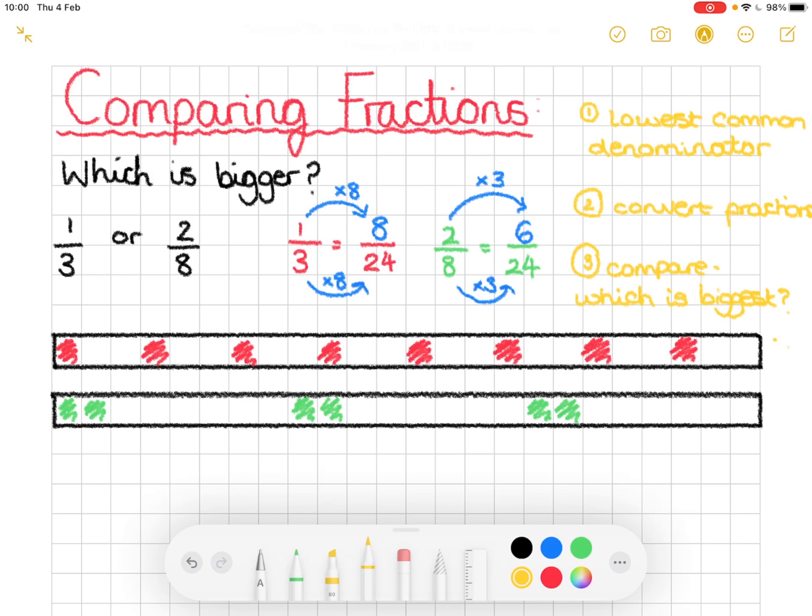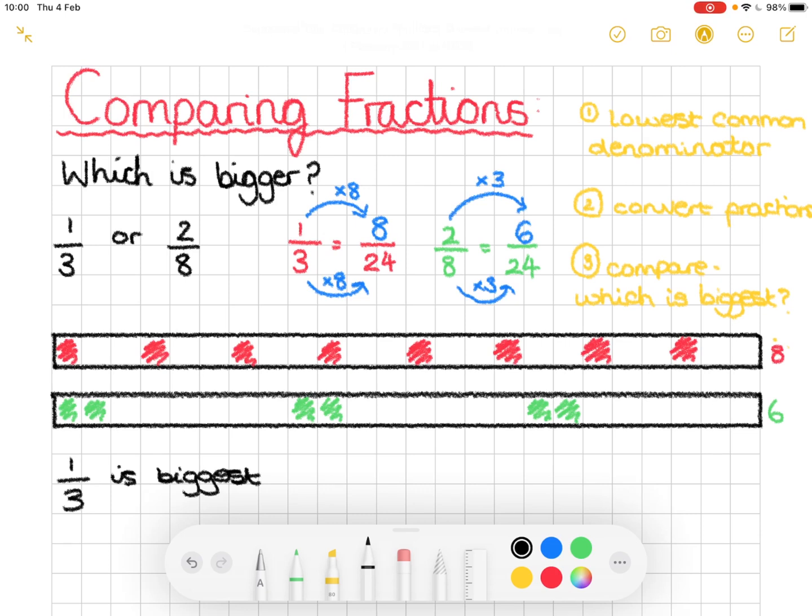So you can either look at the numbers and decide which is biggest, or if you need a bit more of a visual representation, look at the bar models, which has more coloured in. The top model has 8 coloured in, and the bottom model has 6 coloured in. So we know that 8/24 or 1/3 is bigger than 6/24, which is 2/8. So 1/3 is biggest.